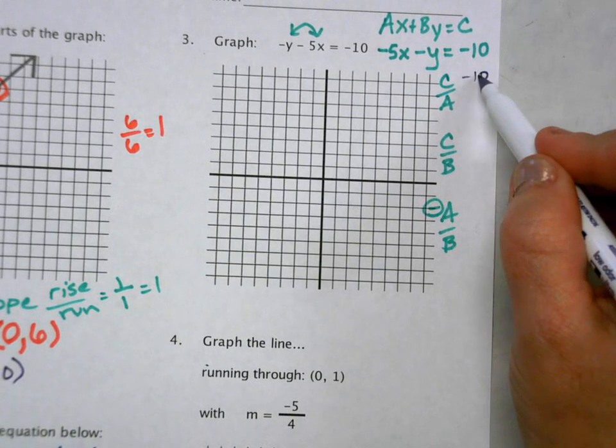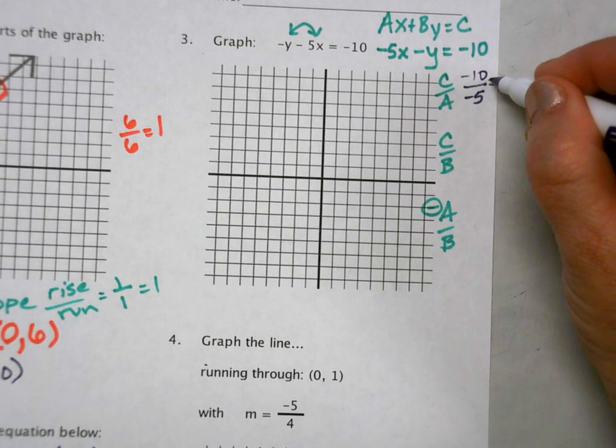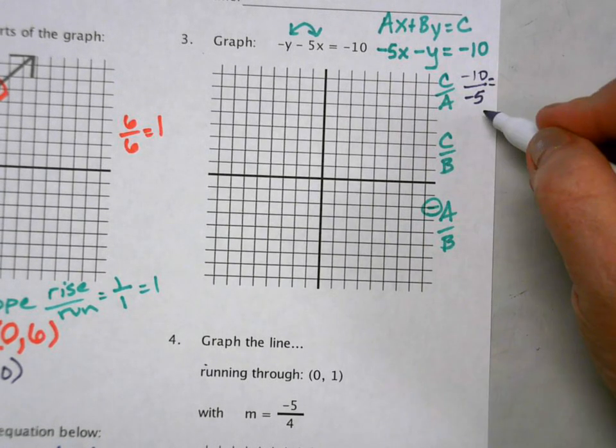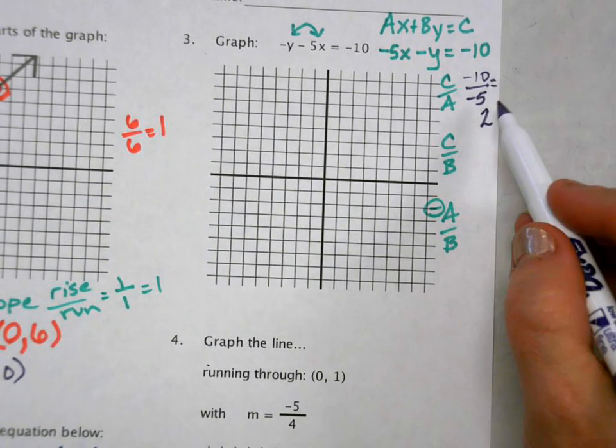Okay, so divide negative 10 by negative 5. What point does that give me? Or what does that information tell me? It reduces first, right? What does it reduce to? To a positive 2, right?